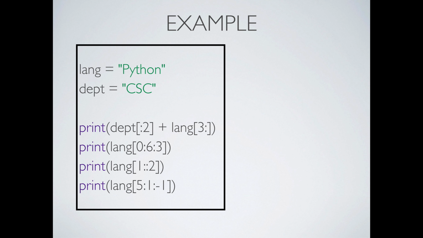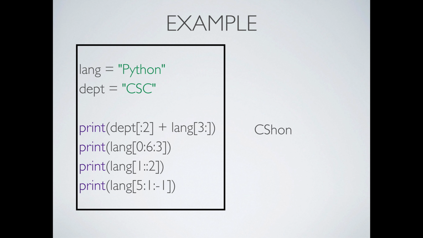Alright, so let's talk about this first one here. This first one is actually going to concatenate 2 strings. Remember, string concatenation is this plus sign here, and it's basically just smushing the strings together to make one longer string. The first string we get by slicing department, which is CSC.